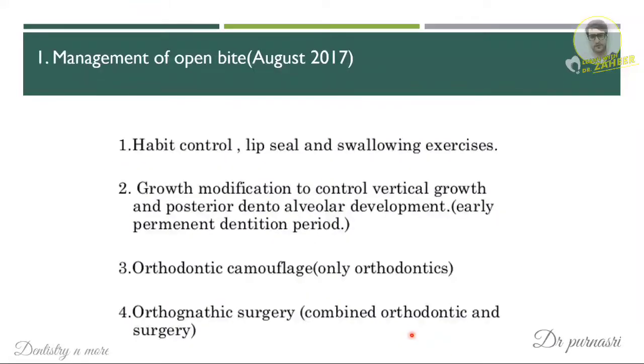Then habit control includes the lip seal and swallowing exercises, and growth modification to control the vertical growth and the posterior dentoalveolar development. Then there is orthodontic camouflage, where there is only orthodontics, and the orthognathic surgery, where there can be combined orthodontic and orthognathic surgical mode of treatment. This completes the management of open bite.